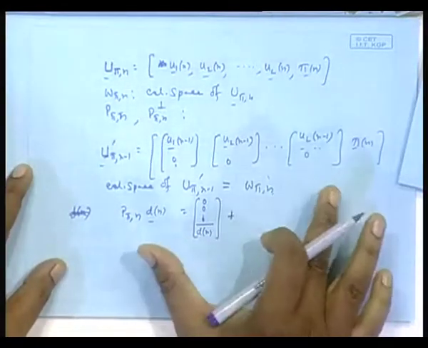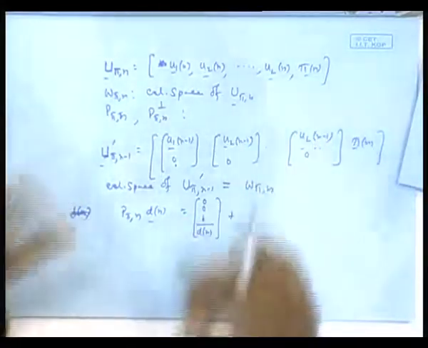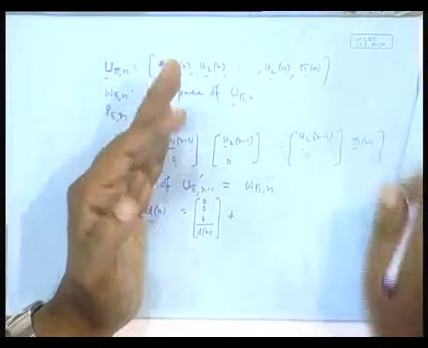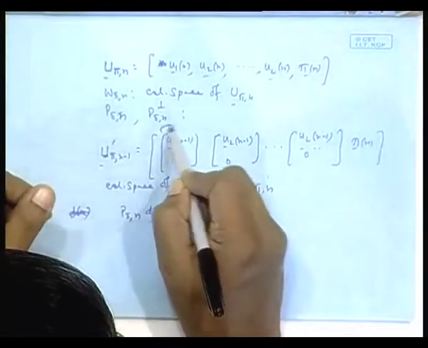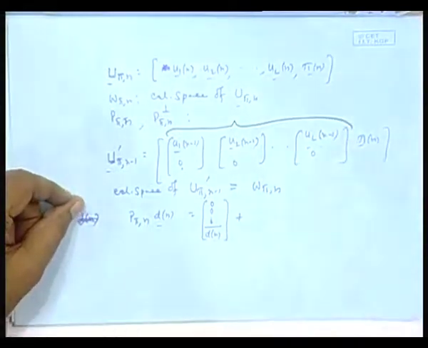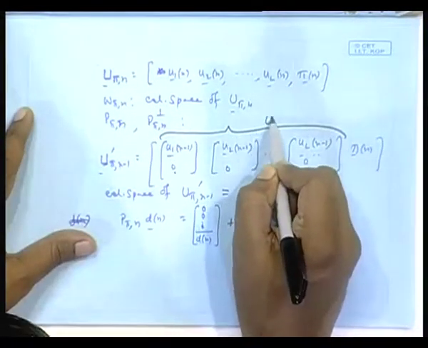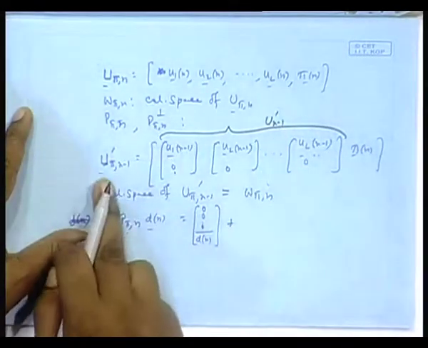Now comes this bigger issue where I stopped and came to the general case. A dn is to be orthogonally projected on the space spanned by this part. This part you can even call a matrix U prime n minus 1. Pi is dropped from here.